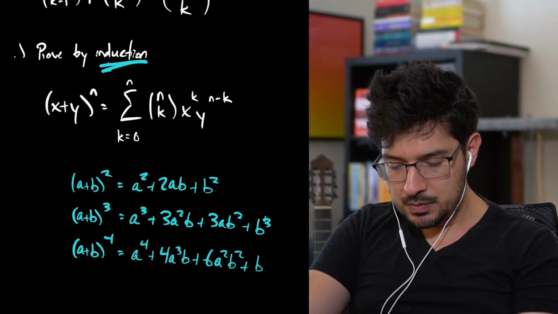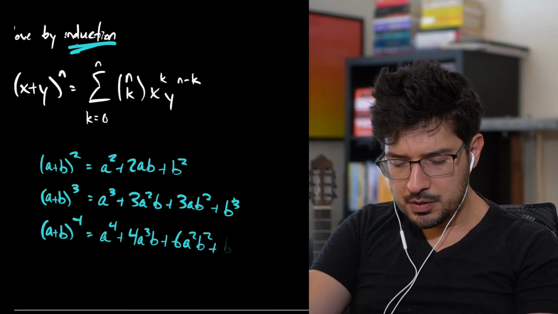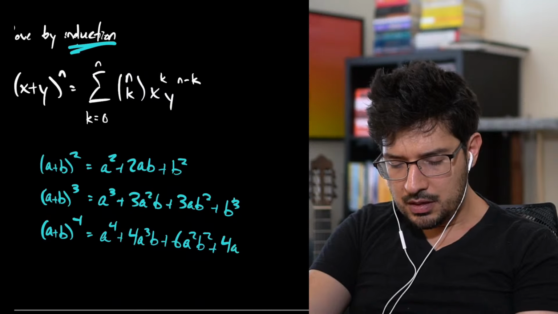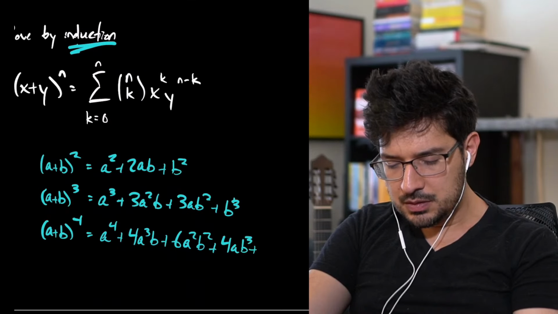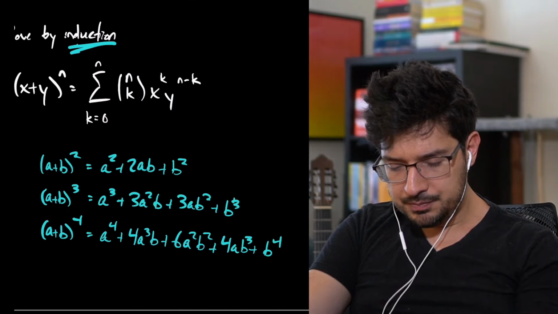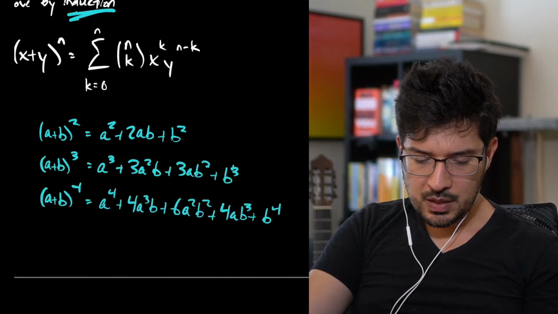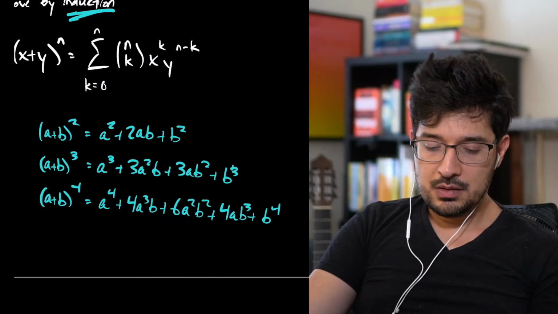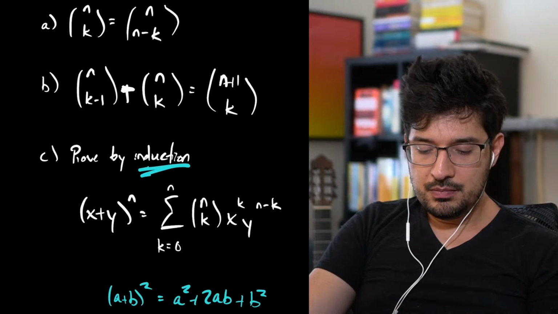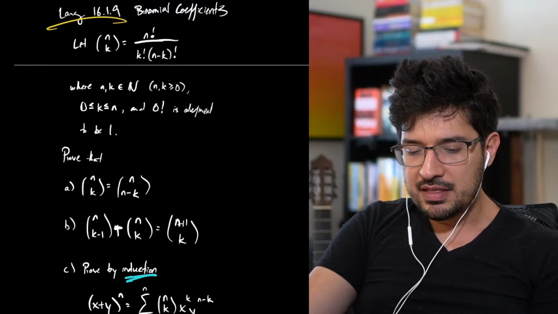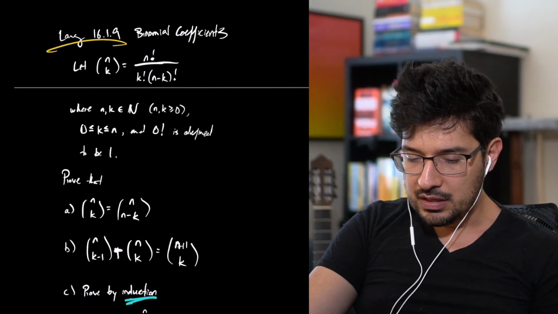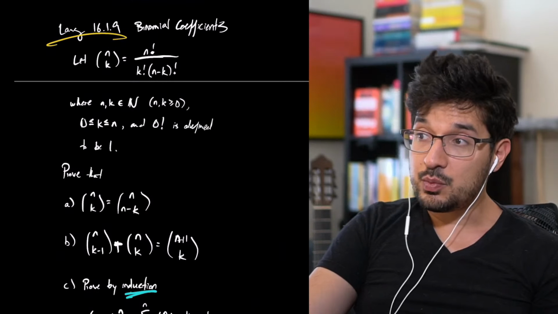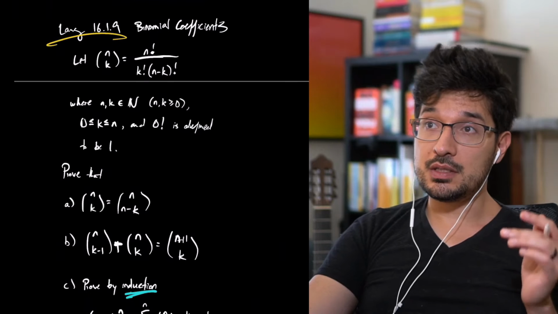Oops. This last one is plus 4ab cubed plus b to the fourth. Cool. So my point of writing this out is that this is an excellent first exercise as well, if you want something a little tougher.